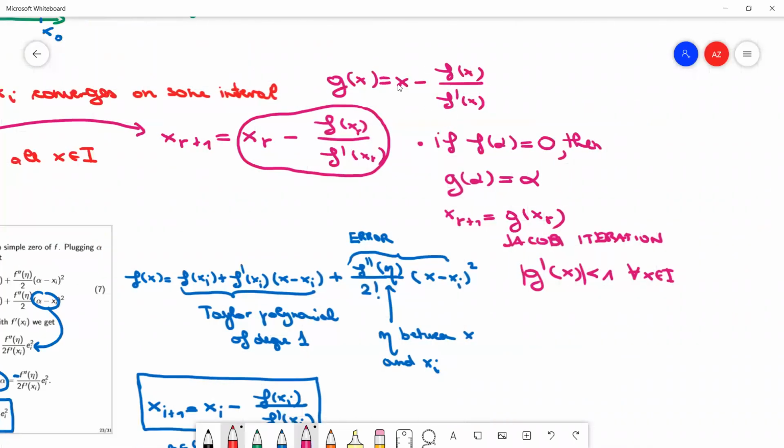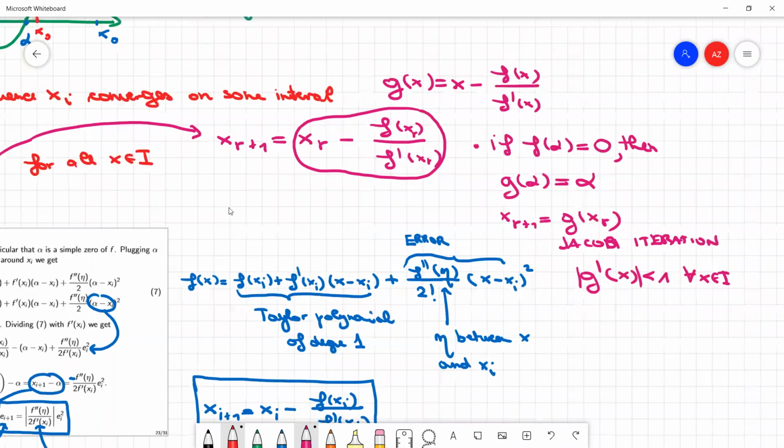This is easily seen. Just take the derivative of g, and you will see that if f derivative is not 0 on the interval I, then g derivative of x will be smaller than 1 for every x. This is a short exercise, but this is the source of my mistake, so I apologize.